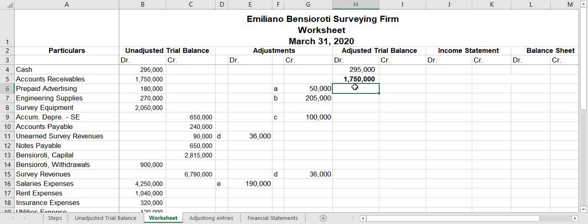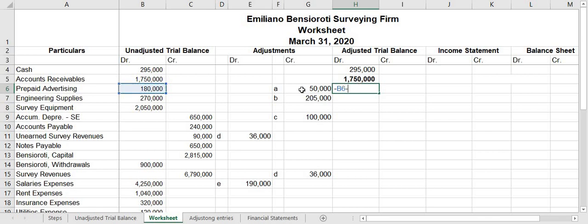However, in your adjustment column, merong adjustment for prepaid advertising. Remember that a prepaid advertising is an asset with a normal debit balance. Sa adjustment mo, merong credit adjustment. Okay?